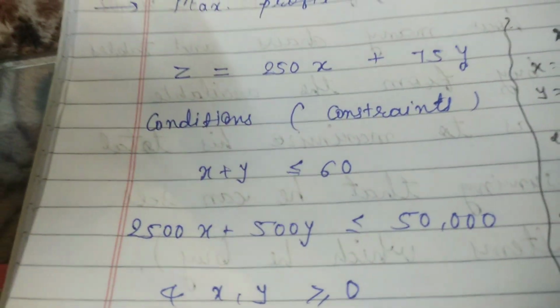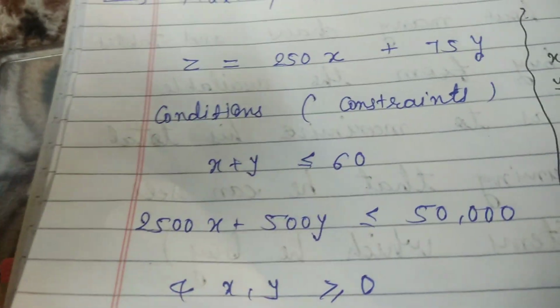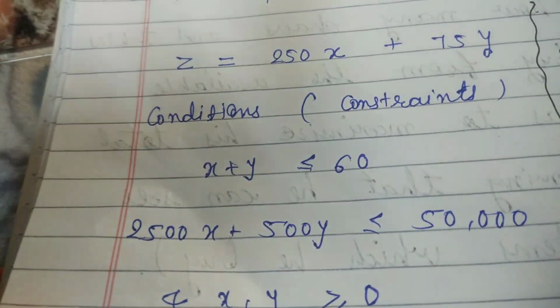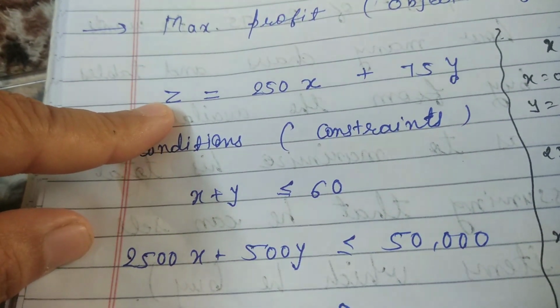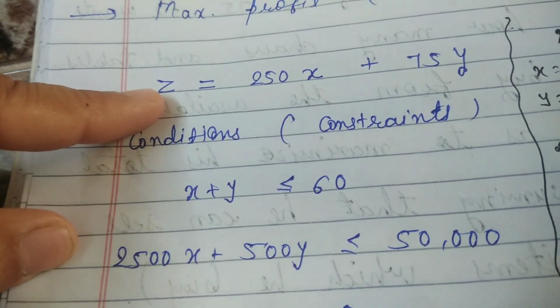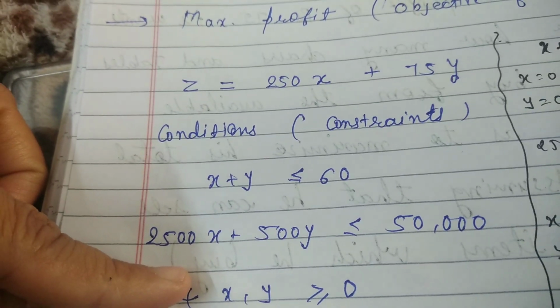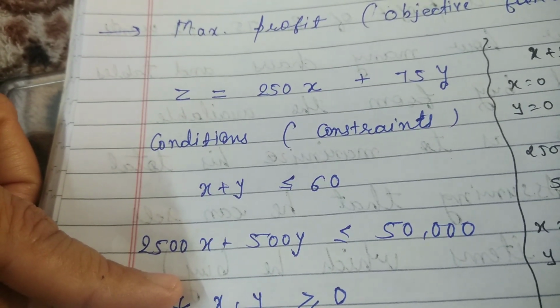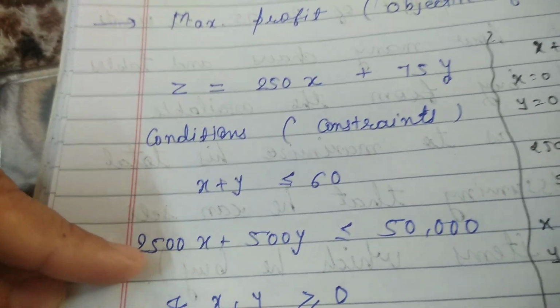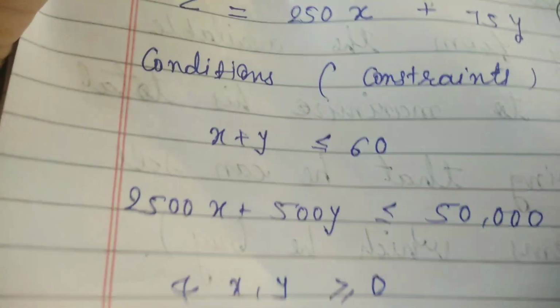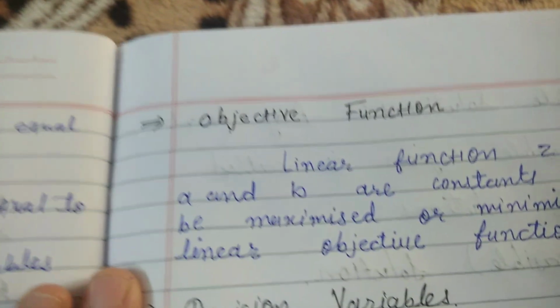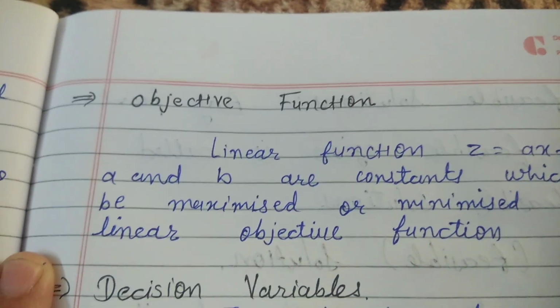First, LPP, that means linear programming problem, involves the maximization or the minimization of a problem with some constraints given. Then this type of problem is known as a linear programming problem. In a linear programming problem, you have to remember some words, that is the objective function.